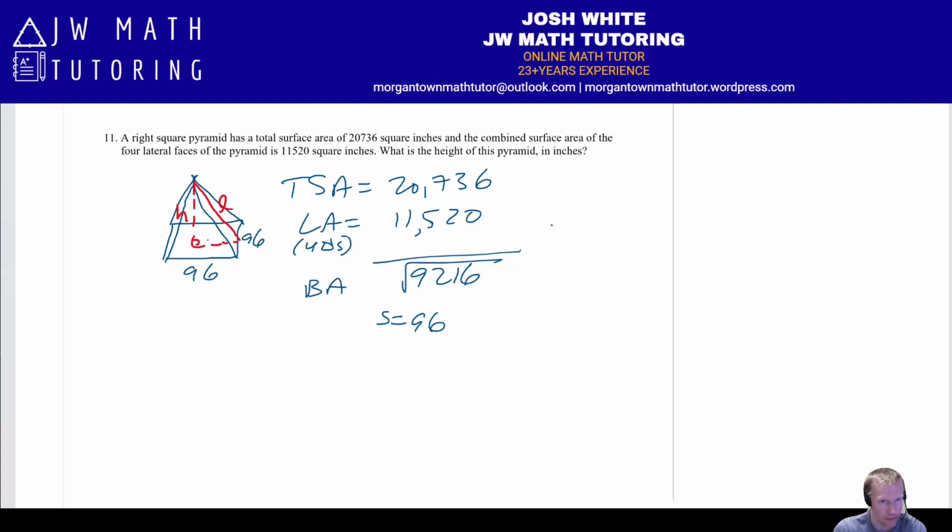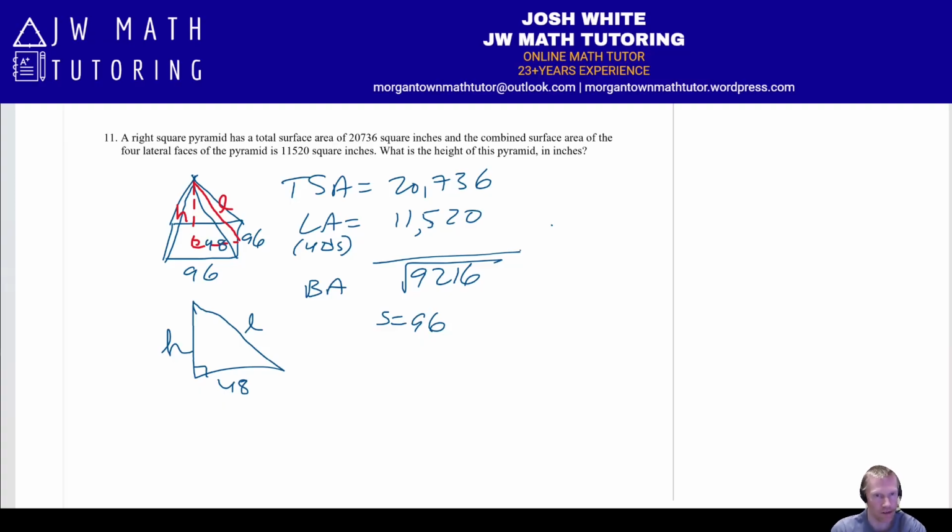So like this bottom thing right here is going to be 48 because it's half of 96. So the height is in the middle, even if my picture is not showing it. So again, it's basically going to look like this. 48, slant height, height. So we need to find the slant height. Once we have that, we can just use Pythagorean theorem to find the height.